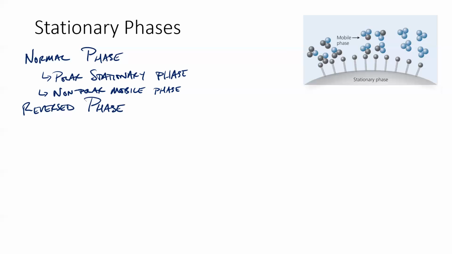And so that's sort of the first material that they could make these columns out of. And turns out it was polar. And so they could separate nonpolar stuff pretty well. And so things like dyes, colorants that have these big benzene rings on it and stuff that's pretty nonpolar, they could separate those pretty well. Again, that's where the name chromatography comes from.